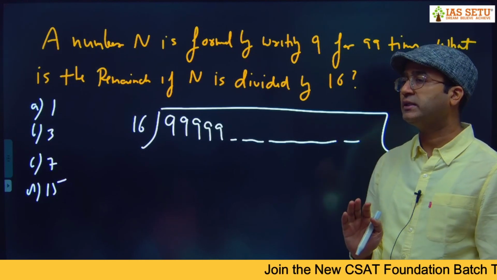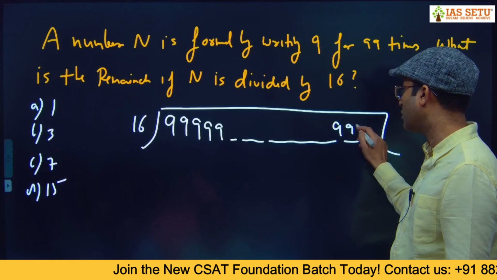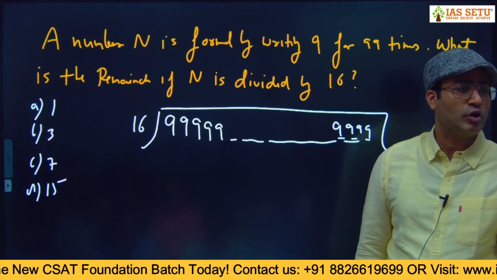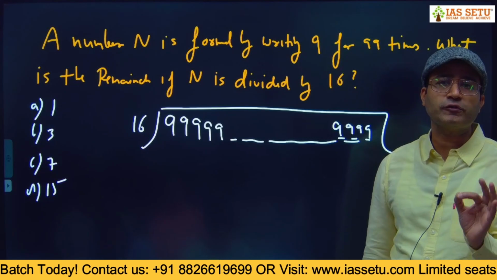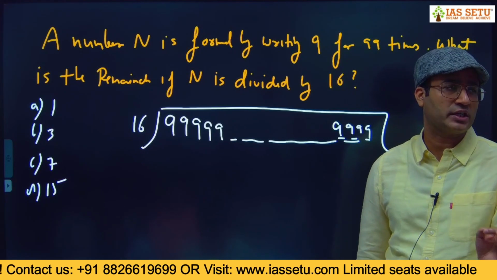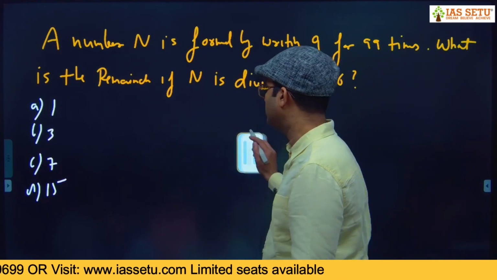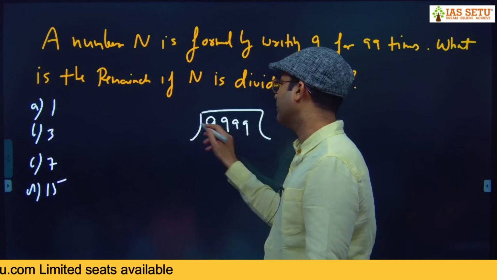But the concept here is that the last 4 digits are also 9999, and for divisibility of 16, only the last 4 digits are sufficient. We have to check 9999 only, and we divide it by 16.